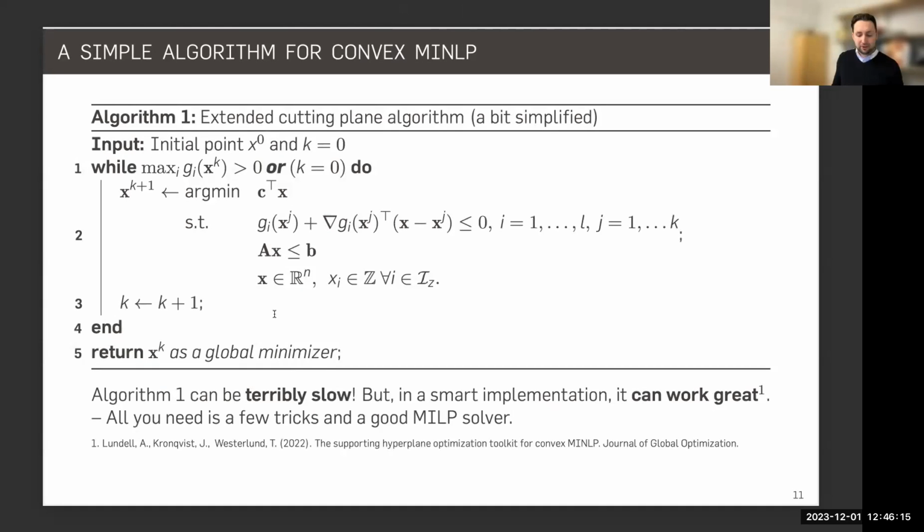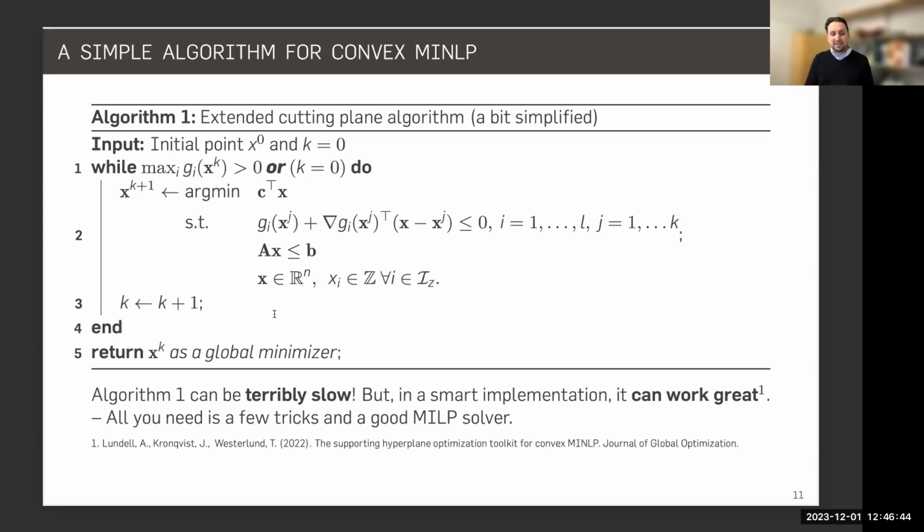But here I want to mention that if you implement the algorithm exactly as I have written it above, then this can be terribly slow. It can basically run forever for relatively simple problems. But having said that, it's very important also to mention that in a smart implementation, this can work great. All you need is a few clever tricks and a good MILP solver, and this works like a charm.